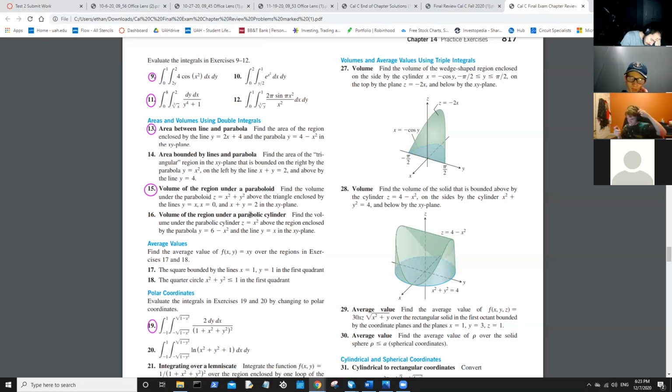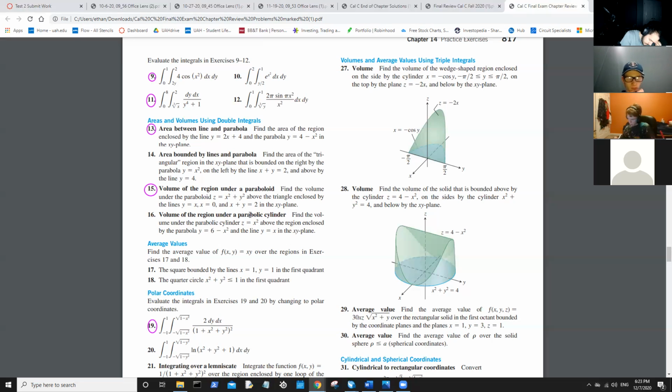x to the 4th over 9 minus 2x to the 4th over 4 plus, that's an easy one, just 2/3 x cubed, and then evaluate from 0 to 1. So 0 cuts everything out.